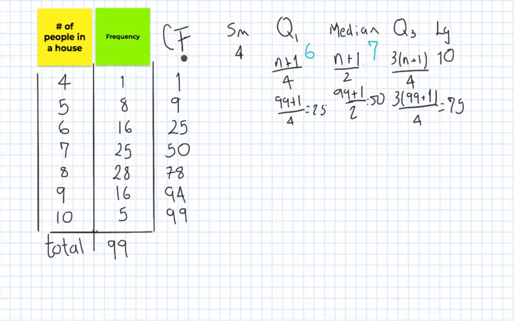So we're going to look here, which is the value that we have in the position 75. Here we don't see 75 easily, right? But we know that from 50 to 78, all the values are 8. So the value that is going to be in the position 75 is 8. So that is the number that I'm going to write over here.